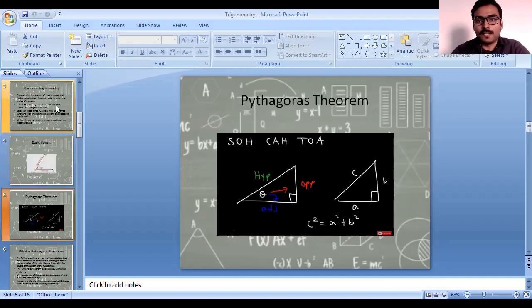Like we'll take the Pythagoras theorem in it because the Pythagoras theorem is only applied to a right angle triangle. So there is theta angle provided with the adjacent side and opposite side, and hypotenuse will be there. So the relation between these sides is called the Pythagoras theorem, which is c square is equal to a square plus b square.